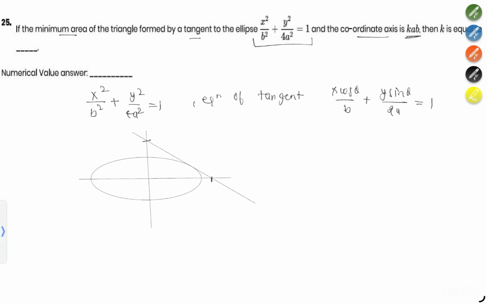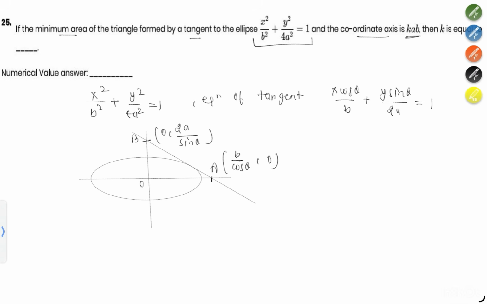First point, second point. So you can find the point A by putting y equal to 0, and you will get (b by cos theta, 0). And here if you substitute x equal to 0, you will get (0, 2a by sine theta).